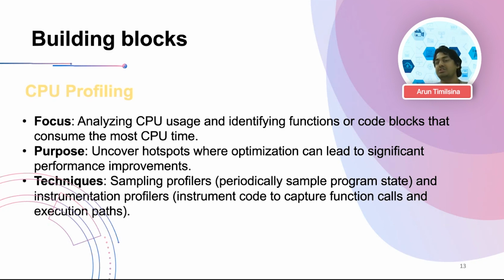Because if there is a function or method taking maximum CPU time, then obviously that is the core hotspot, which has to be fixed and optimized so that the performance of the application can be improved. For this, techniques like sampling profilers and instrumentation profilers can be used.